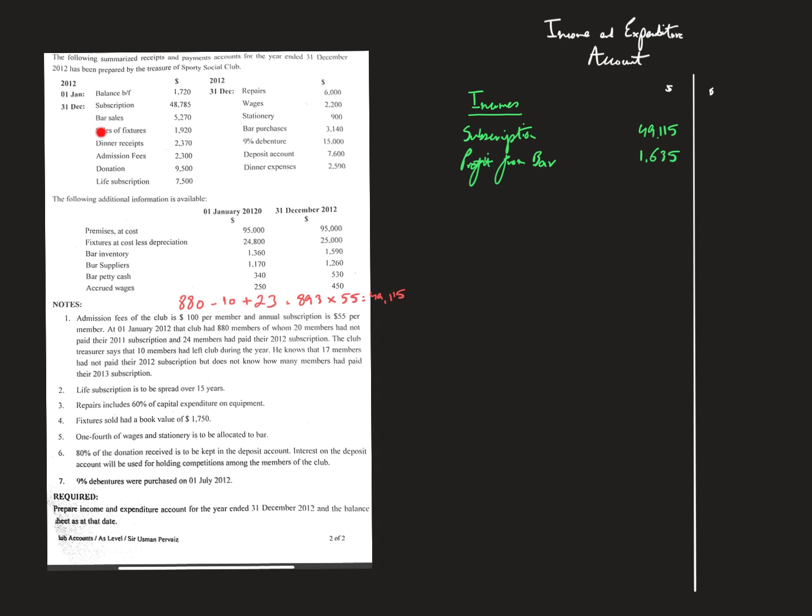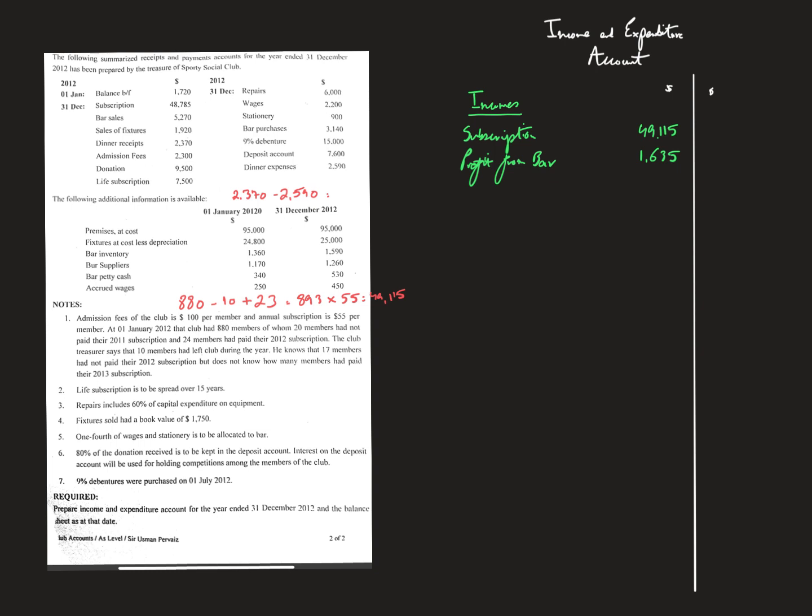Then dinner receipts. We're going to calculate dinner receipts, but are there any dinner expenses? Yes, there are. So I'm going to do a calculation over here, which is 2370 minus 2590. Am I getting a profit or a loss?